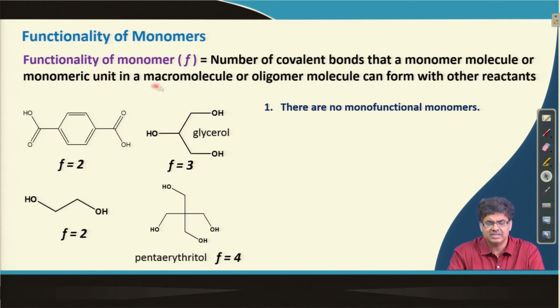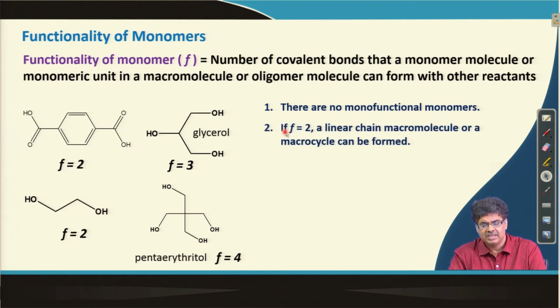A few things about functionality of monomers. There are no monofunctional monomers, because if a monomer is only capable of making one covalent bond, obviously it cannot participate in a polymerization reaction.